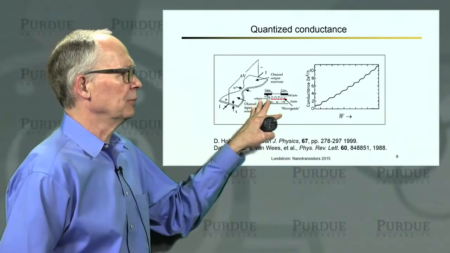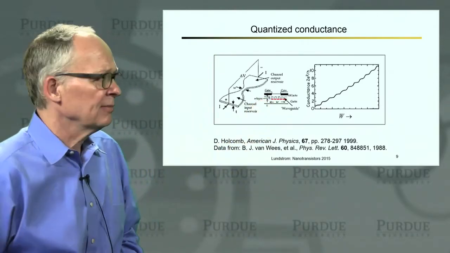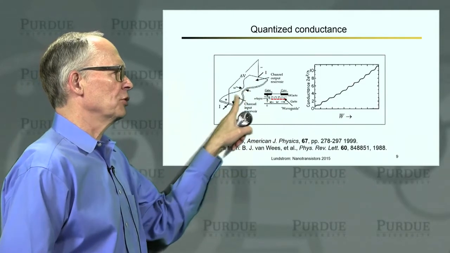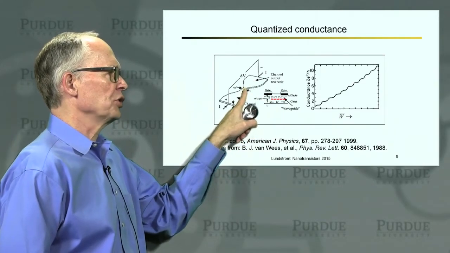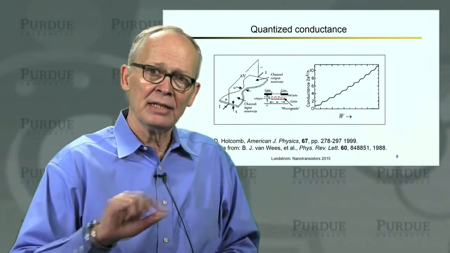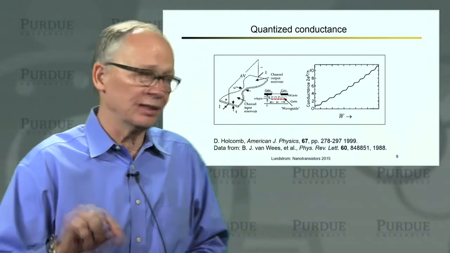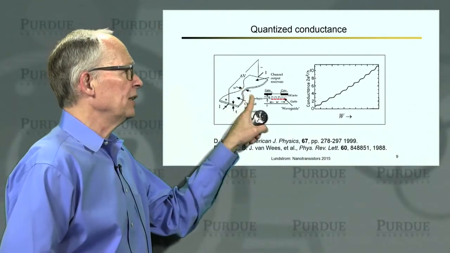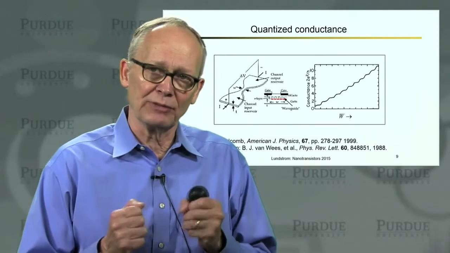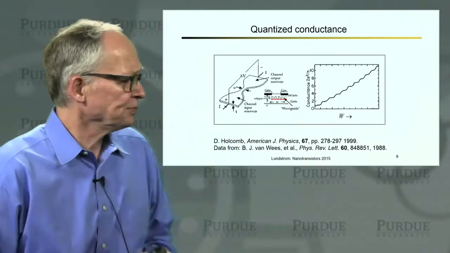For example, these are some experiments that were done in the late 1980s with very small two-dimensional resistors with a very short channel such that the transmission across those channels was near ballistic when the measurements were done at low temperatures. The width of the channel could be electrically varied by reverse biasing Schottky barriers.